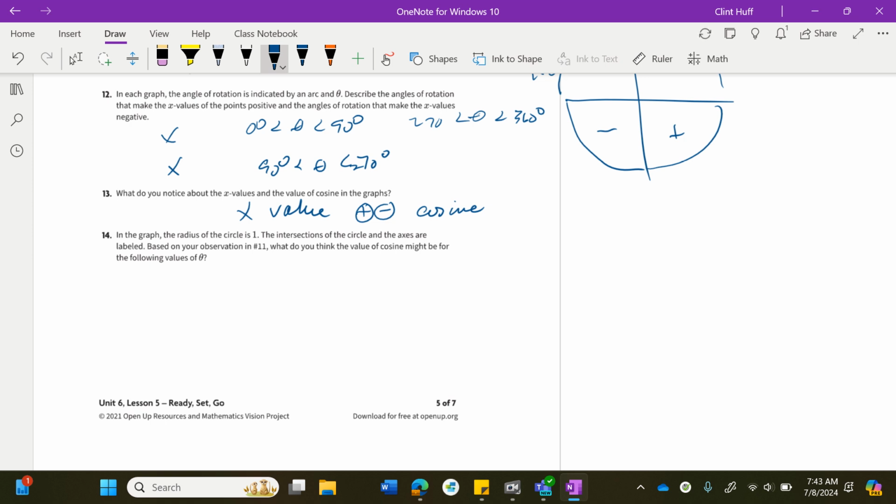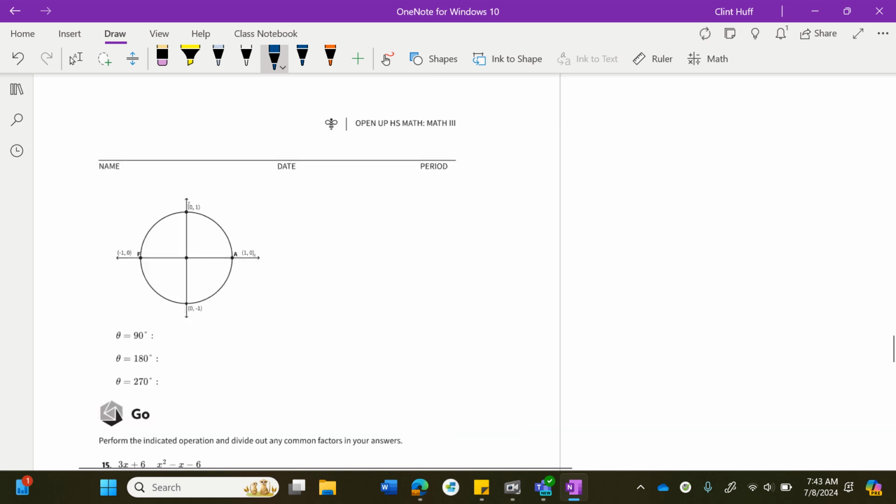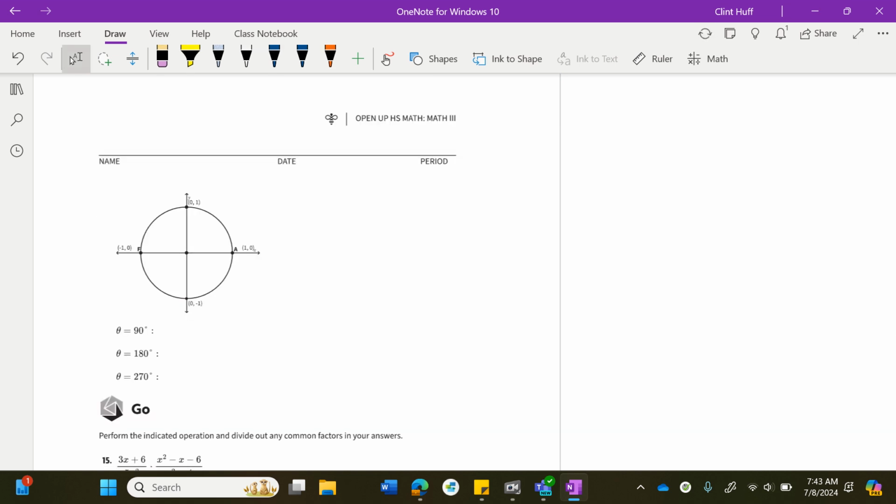Okay, so I'm going to go down here. So yeah, there we go. So at 90 degrees, which is up here, our x value is 0. So we're going to say that's a 0 for our cosine. At 180, the x value is negative 1. And at 270, it is 0. So we're on a unit circle.